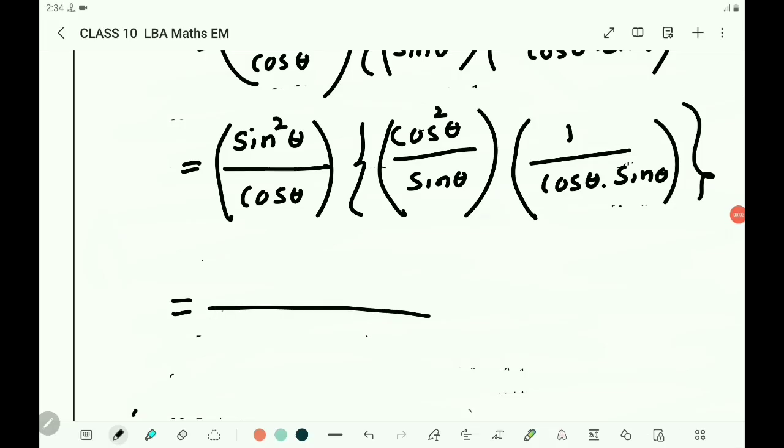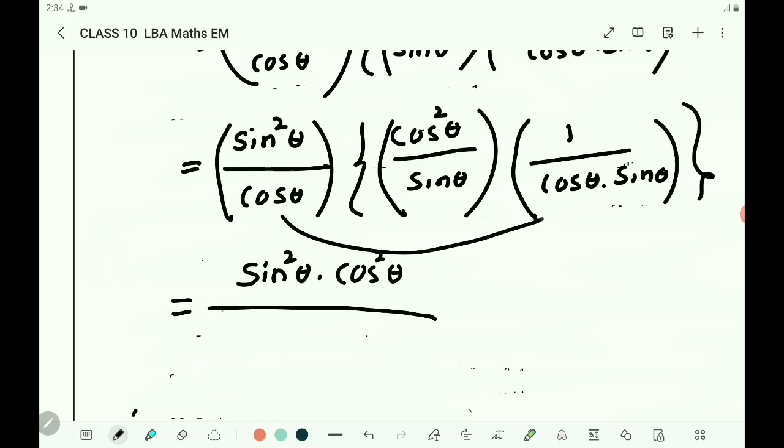Then you write the product of these three: sin square theta into cos square theta into 1 is sin square theta into cos square theta. Then cos theta into cos theta is cos square theta.